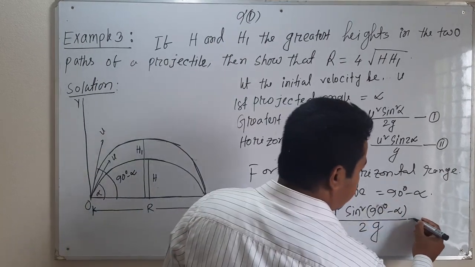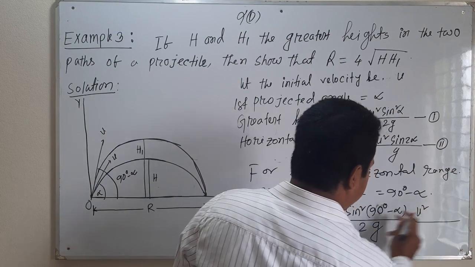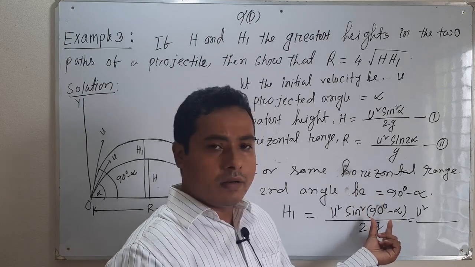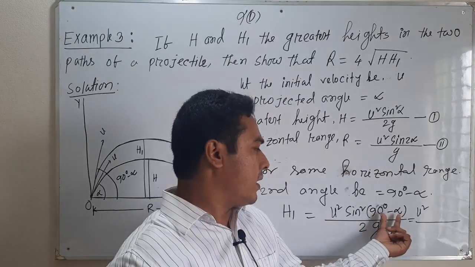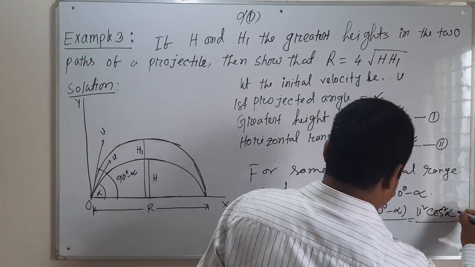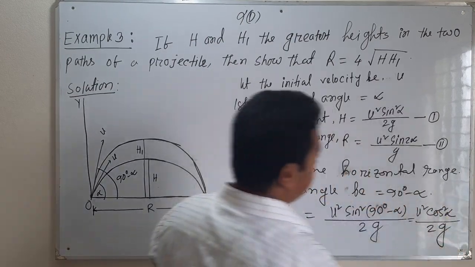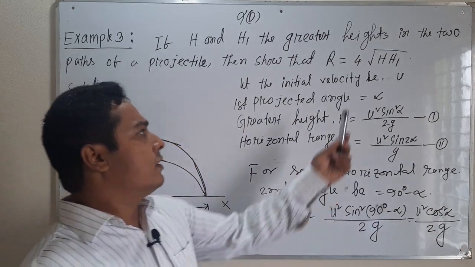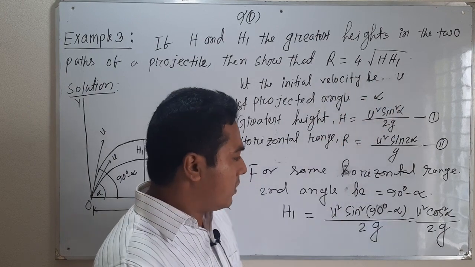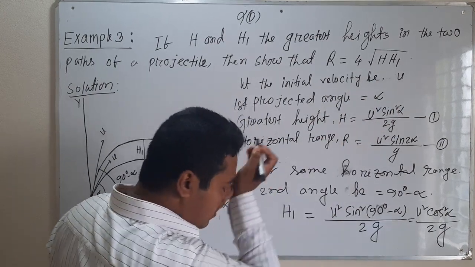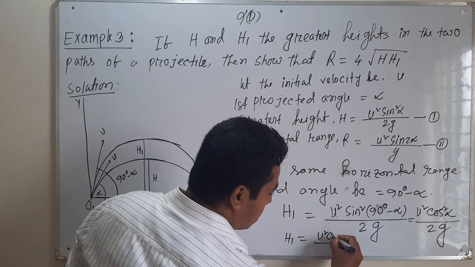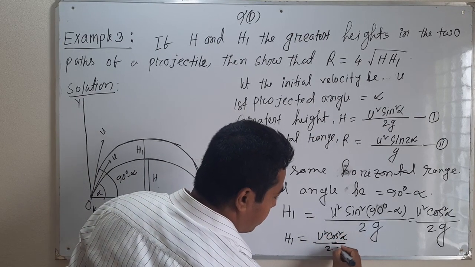By the trigonometrical identity, sin of 90 degree minus alpha will be cos alpha, so sin square becomes cos square alpha divided by 2g. So h1 is equal to u square cos square alpha divided by 2g.